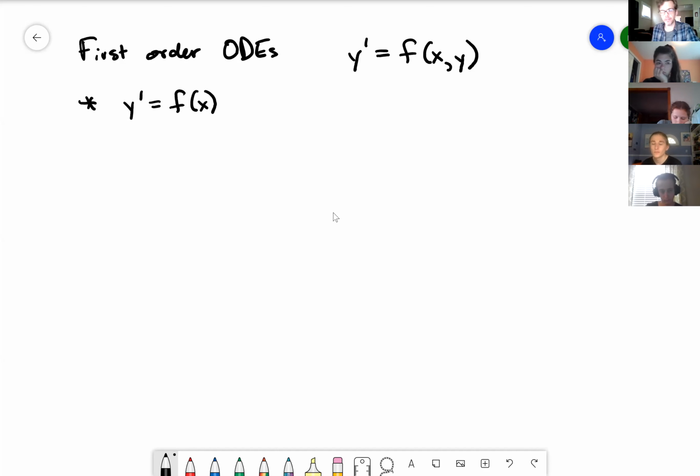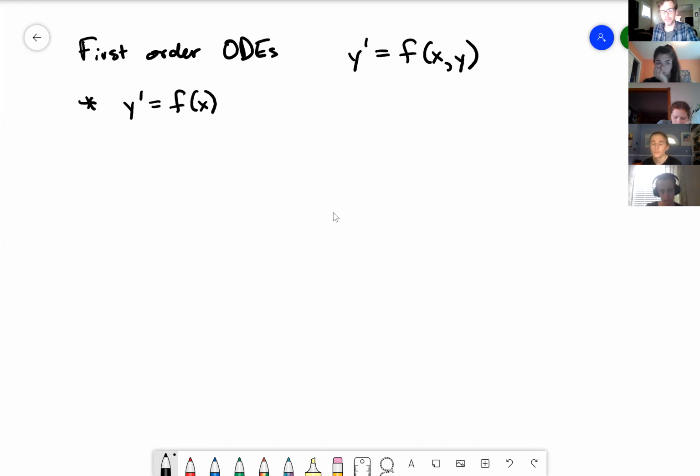The next easiest case was when we had y prime as a function of y, right? And so we kind of cheated a little bit by writing this in Leibniz notation. So we would write this dy dx equal to g of y.